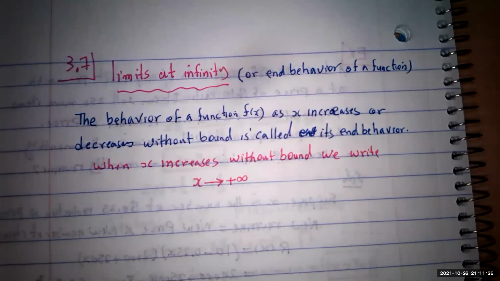So x goes to positive infinity means x is bigger than anything you think about. That's it, x increases without bound. Any number you think about, x is going to be bigger than that number.